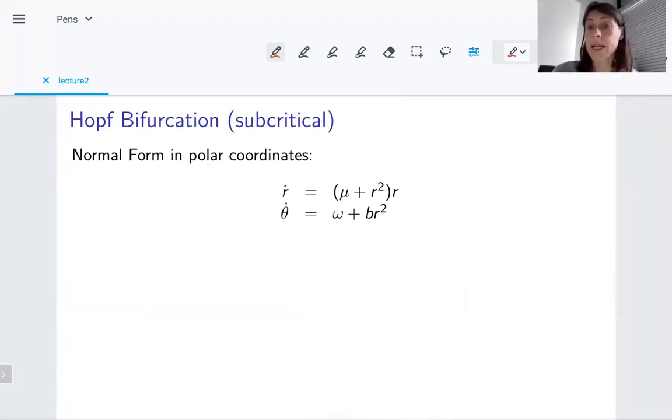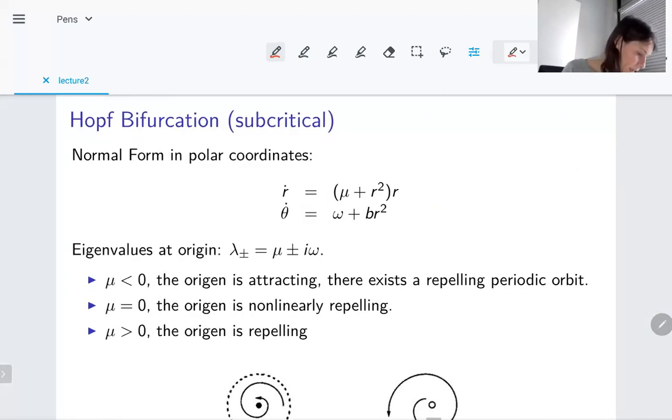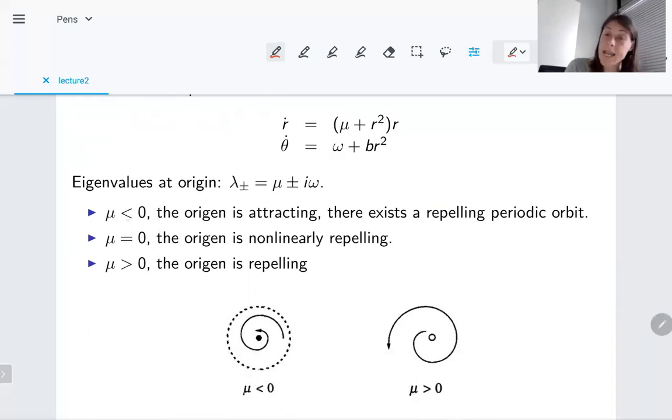Second, the subcritical Hopf is the same idea. Okay, if we repeat the same exercise and we look at this function f of r and we look at the zeros of this function, notice that the only difference with respect to the previous system is this sign here. What we have is that for mu negative, the system has an equilibrium point, which is attracting, and then an unstable periodic orbit.